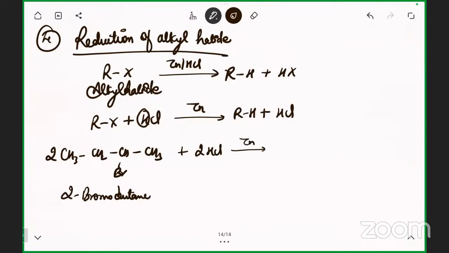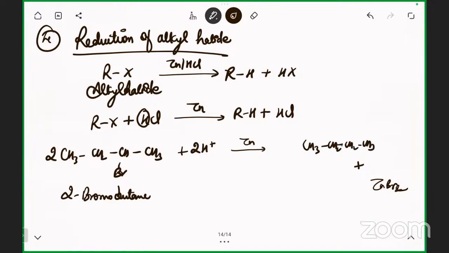Zinc will take both the Br and give out ZnBr2. Instead of this, just write 2H positive, so we are writing HBr here. Zinc will take both Br and it will form CH3CH2CH2CH3.